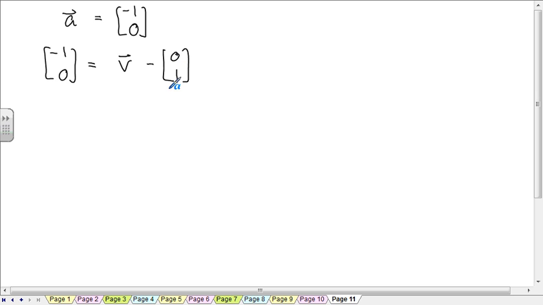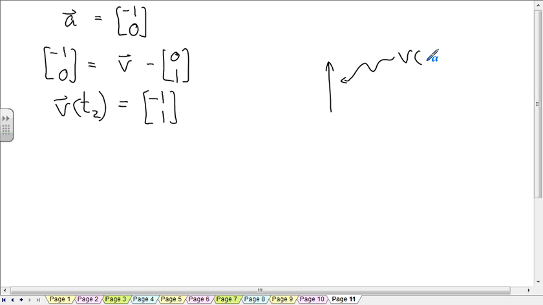Add 0, 1 to both sides, and you get that the velocity at time t2 is equal to -1, 1. So this is the velocity at time t1. The velocity at time t2 looks like this.